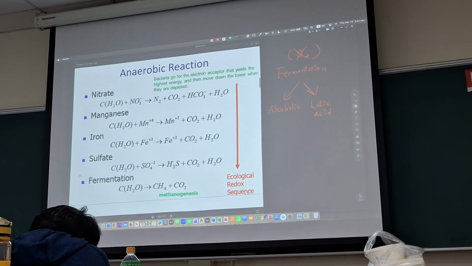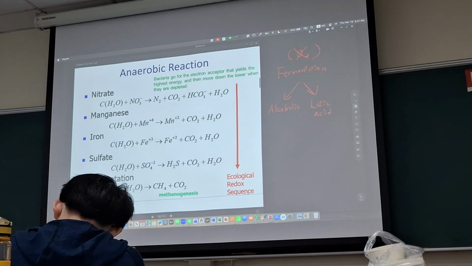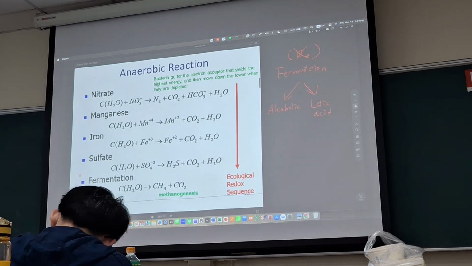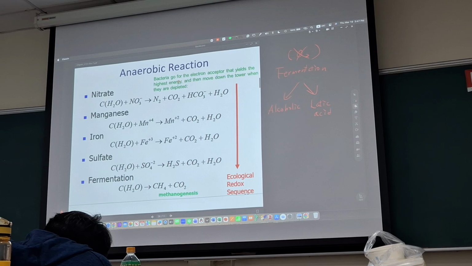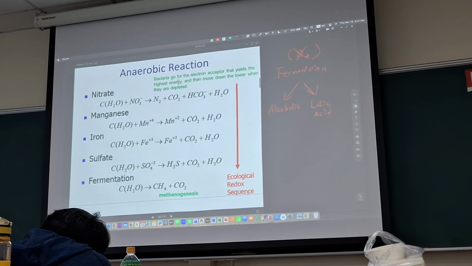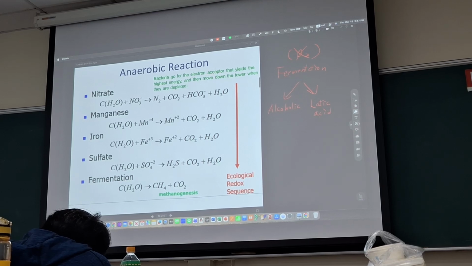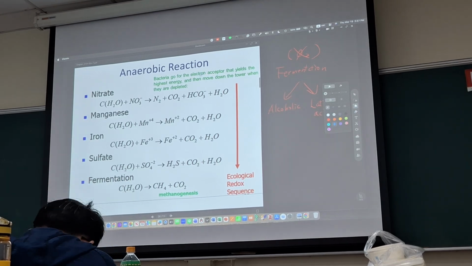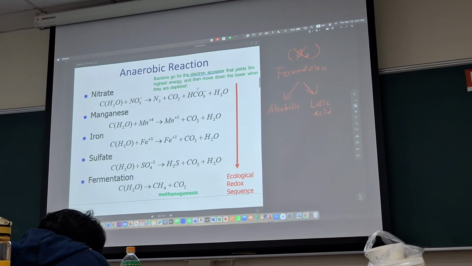Okay, and this is the anaerobic reaction. So see the word in green here. Bacteria go for the electron acceptor that yields the highest energy.